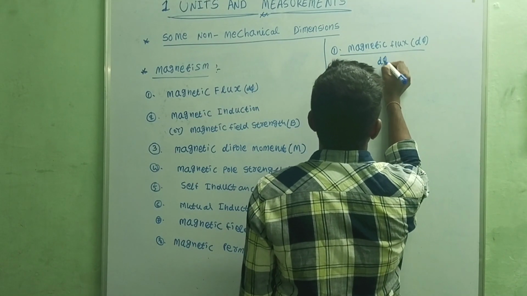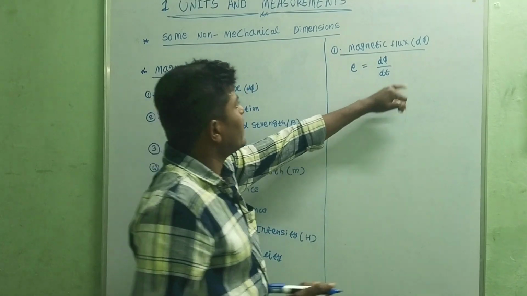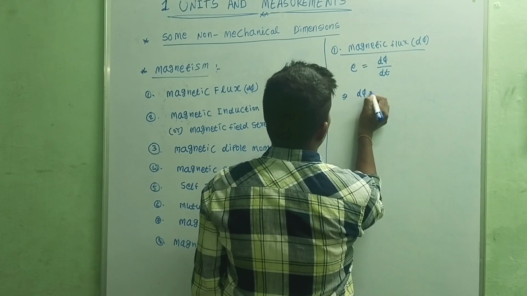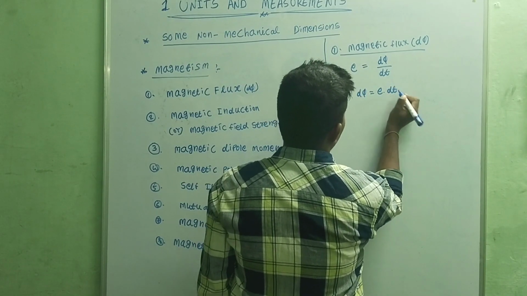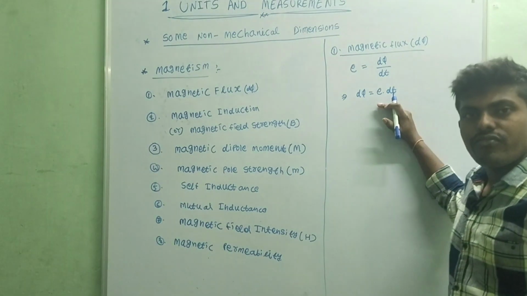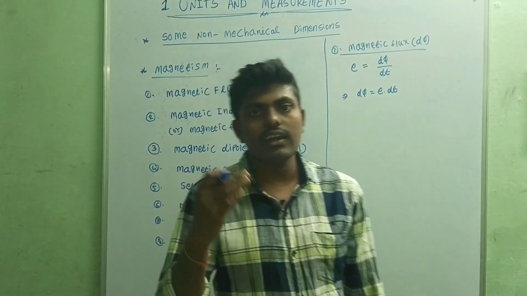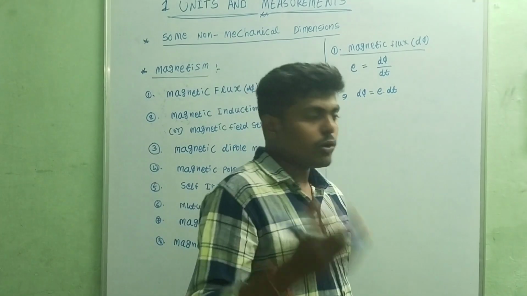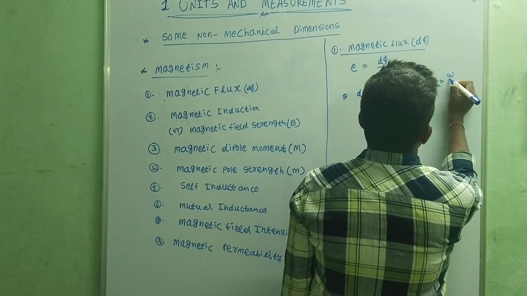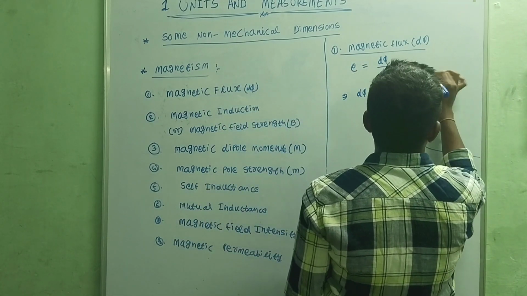So d phi equal to E dot dt. E is EMF or electric potential, which is work per unit charge.